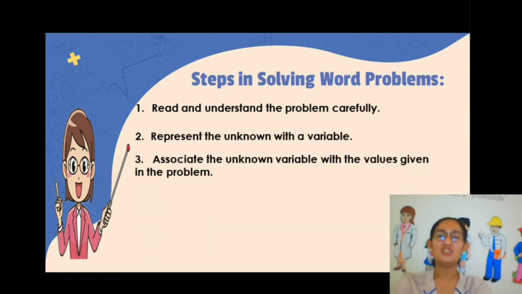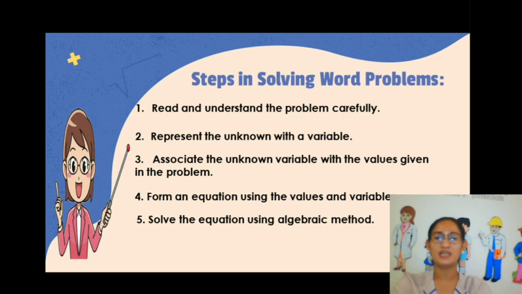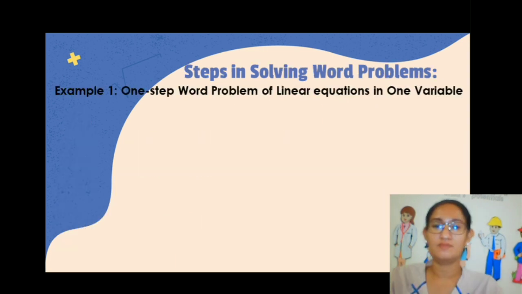Next, associate the unknown variable with the values given in the problem. Then, form an equation using the values and variables. Fifth, solve the equation using algebraic expressions. Then, prove and check the answers.